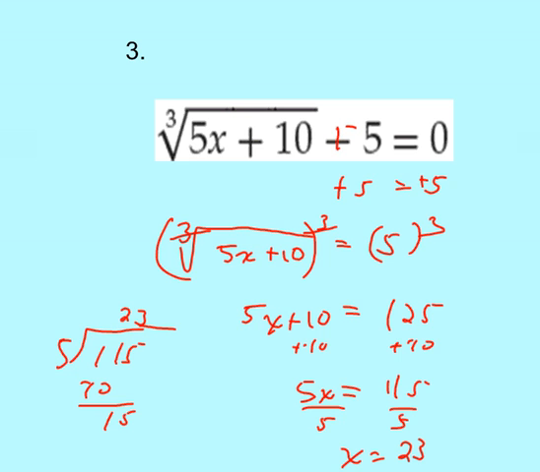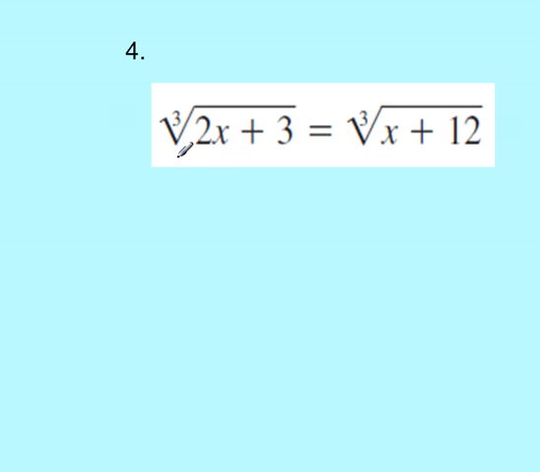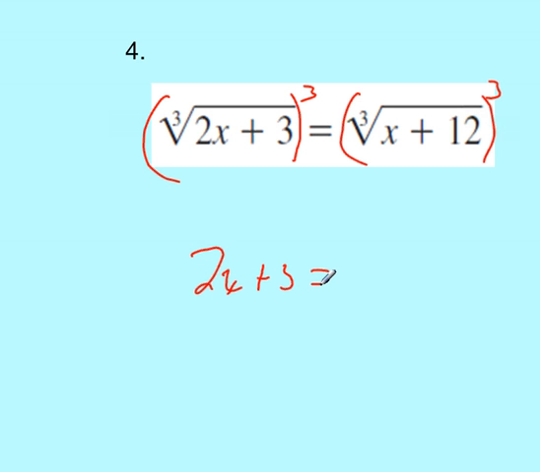Okay. And then let's look here at number 4. We've got variables on both sides, and we've got cube roots. To get rid of cube roots, we have to cube both sides. We don't have anything outside the radical, so we can do this step first. So we end up with 2x plus 3 is equal to x plus 12. With variables on both sides, we add negative x to both sides. So we end up with x plus 3 is equal to 12.